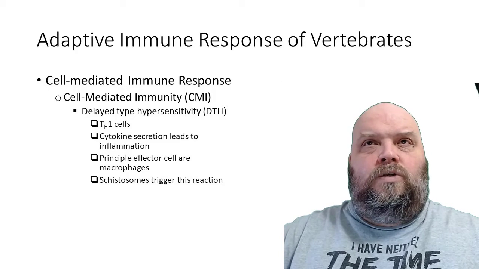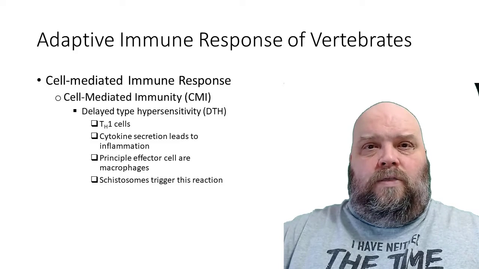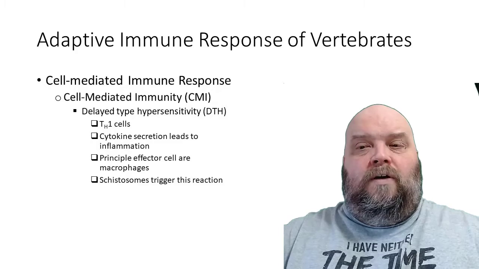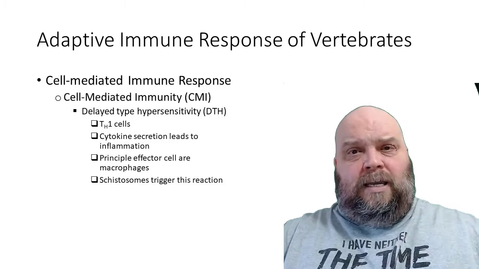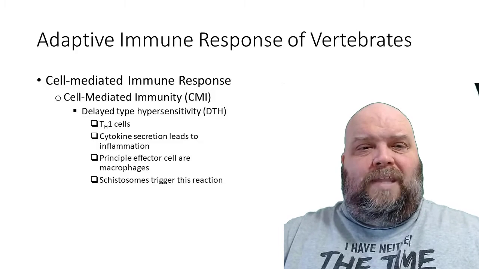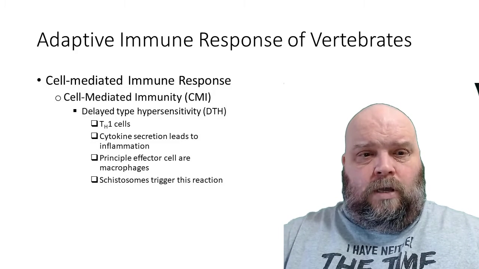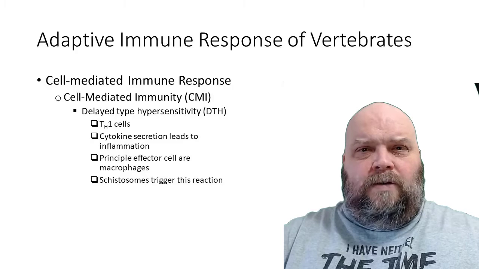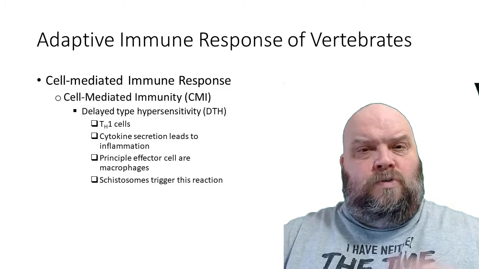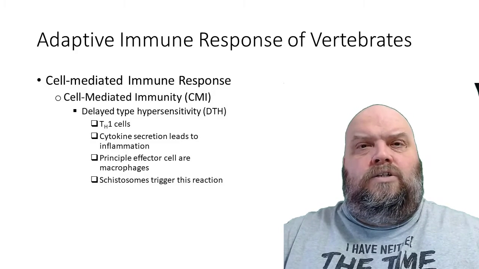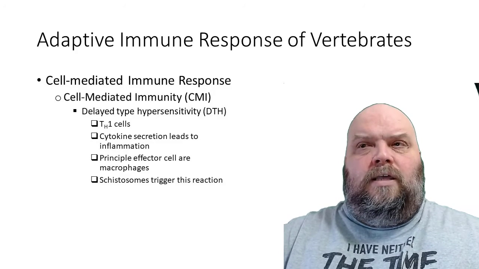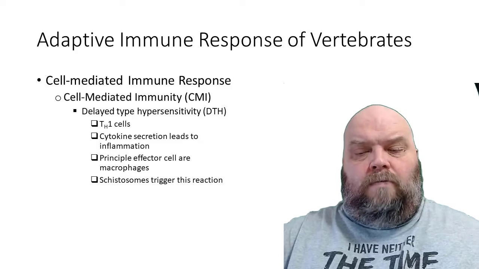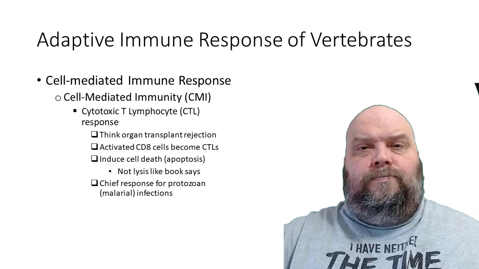These genes are going to increase their ability to bind, phagocytize, and then kill anything not you. They seem to have found that the schistosomiasis disease, the schistosomes, this is the type of immune reaction that they trigger more often than not.